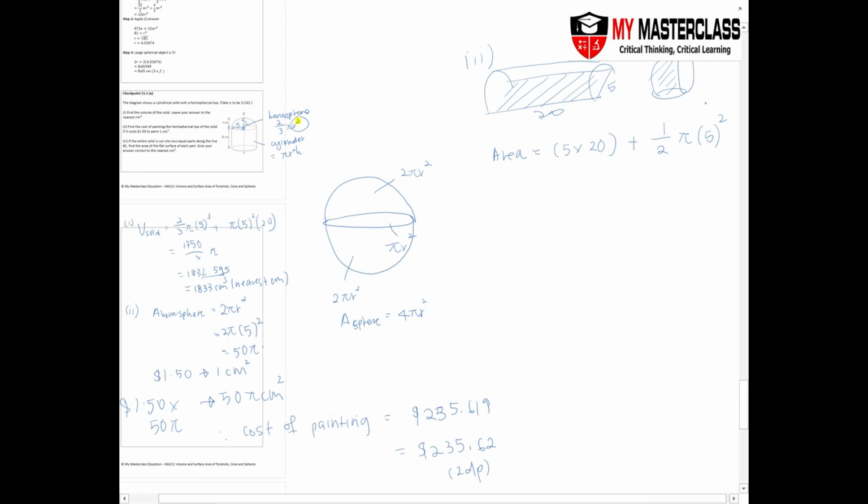Because in this case, this particular circle, oh no, it should be pi, half r.